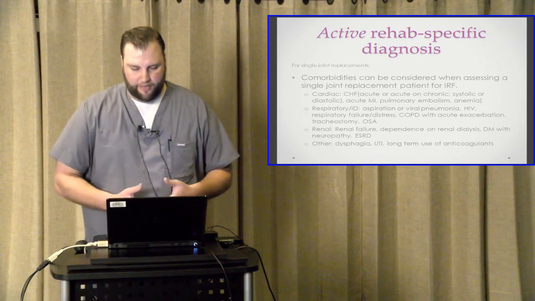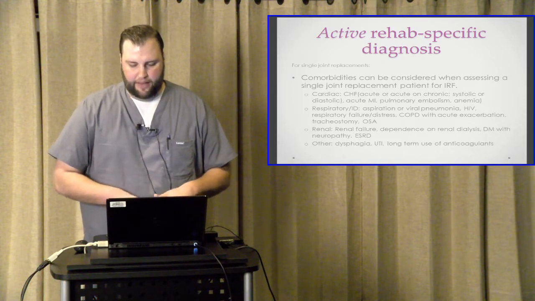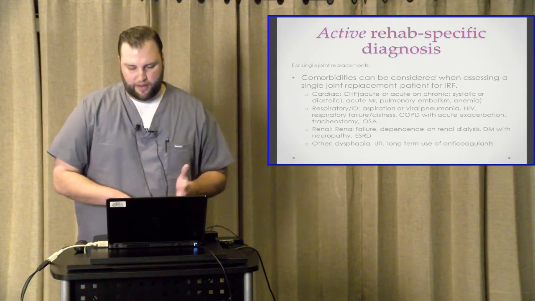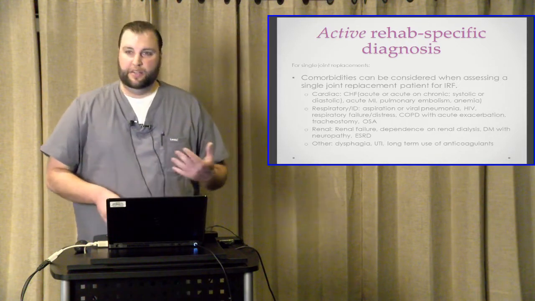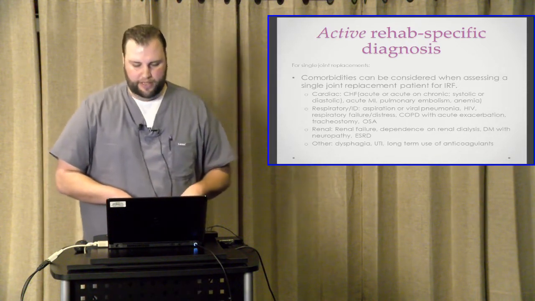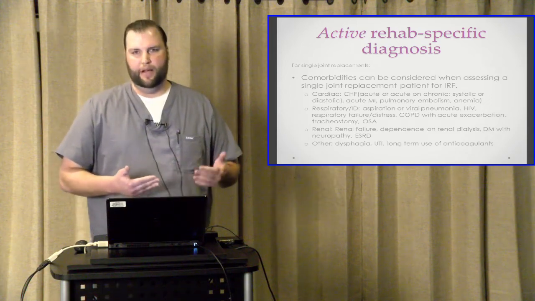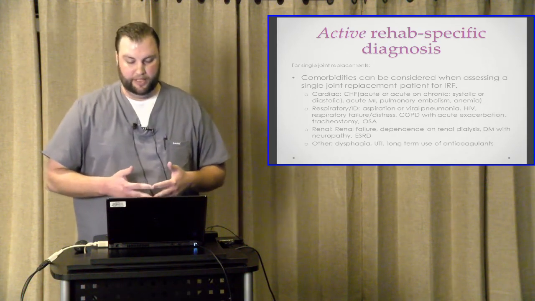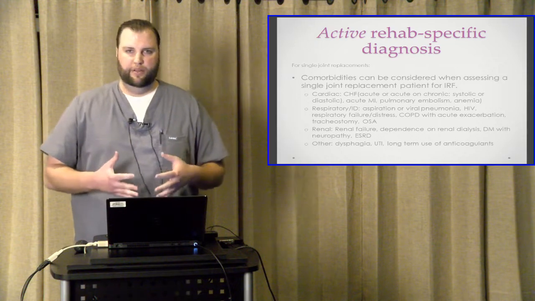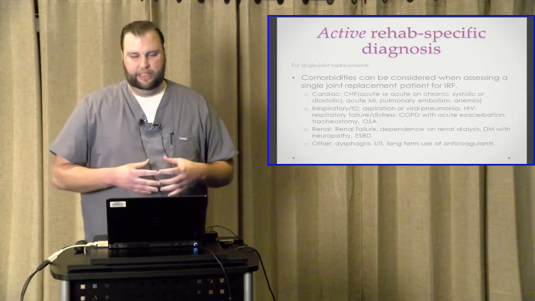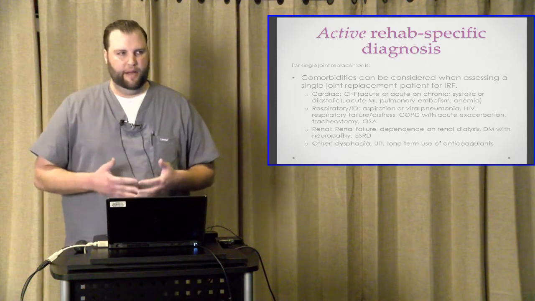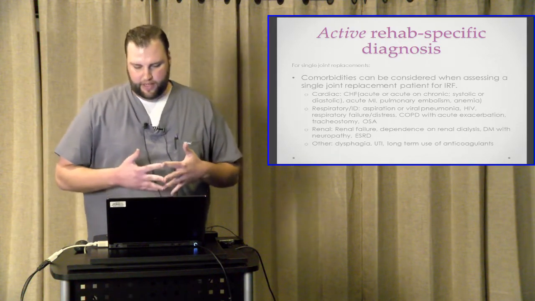They have to have heart failure, or an active MI that's already been treated. Don't come to rehab with an active MI. COPD, obstructive sleep apnea is a big one, which is being diagnosed more. A lot of people have CPAP machines. That also helps build up the level of medical complexity to justify having a rehab provider see them every day, because that is also part of it.